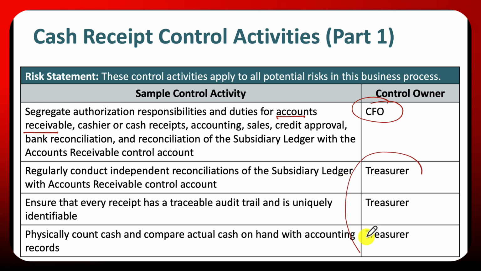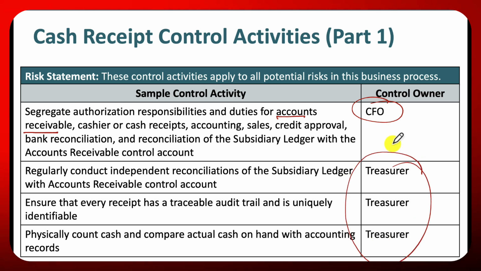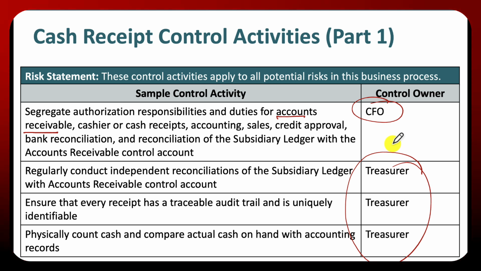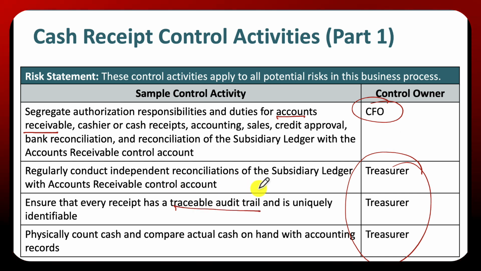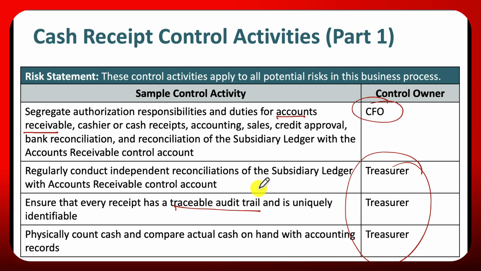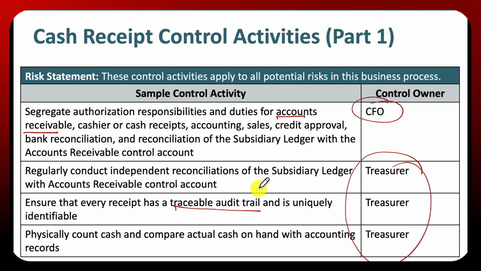Then the treasurer might conduct independent reconciliations of the subsidiary ledger, or they might ensure that every receipt has a traceable audit trail and is uniquely identifiable, or they might physically count cash and compare the actual cash with the accounting records.